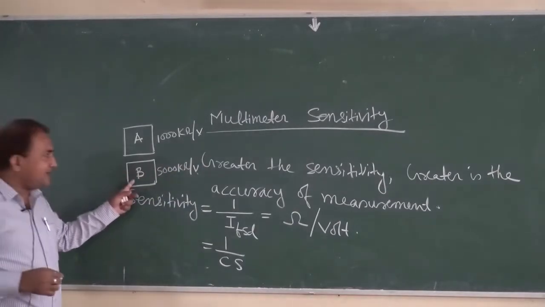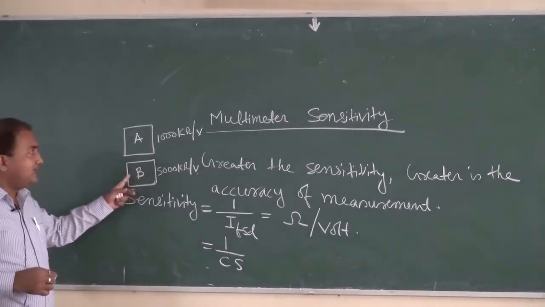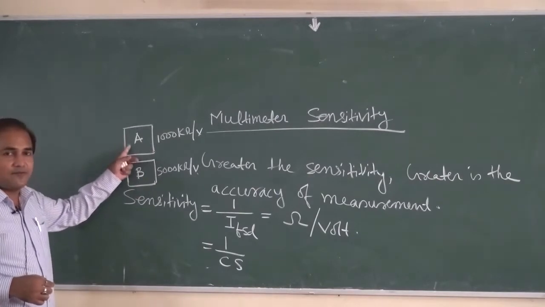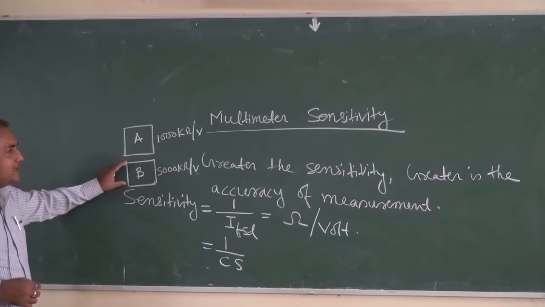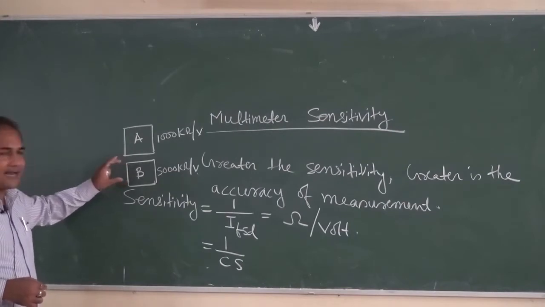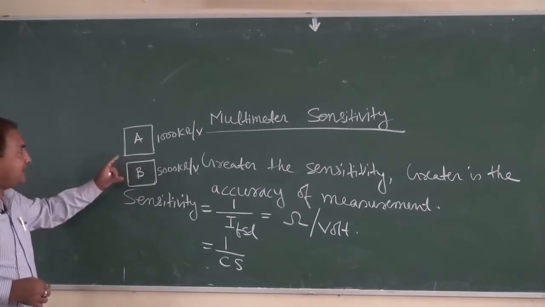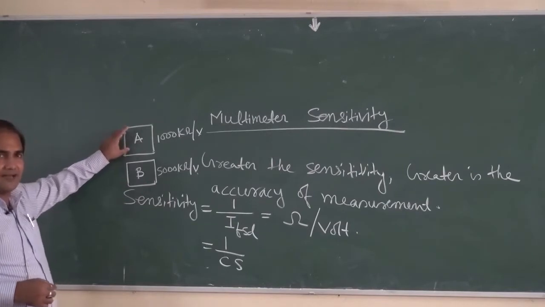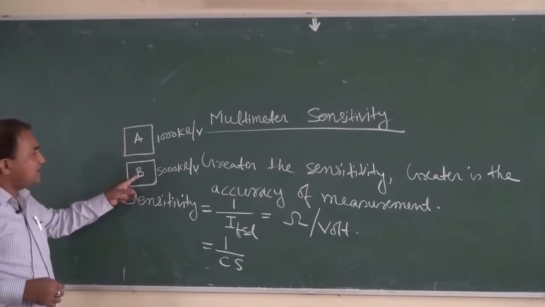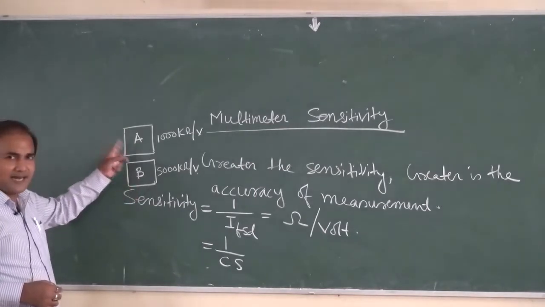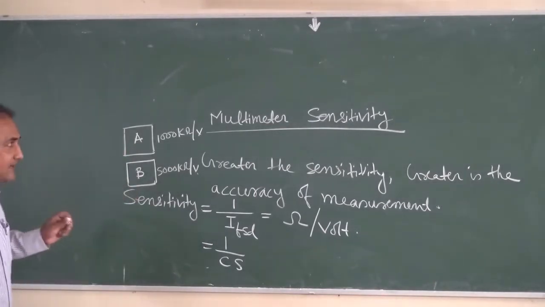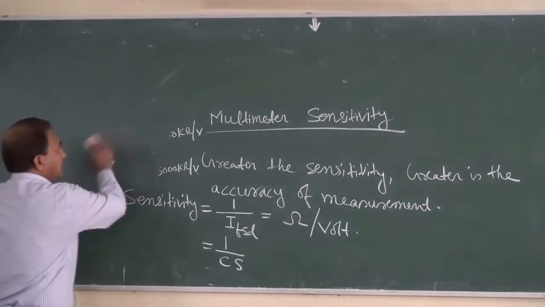Since the sensitivity of multimeter B is more than that of multimeter A, multimeter B will give a more accurate measurement as compared to multimeter A. So sensitivity plays a vital role.